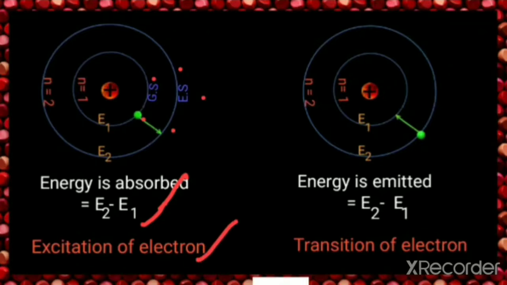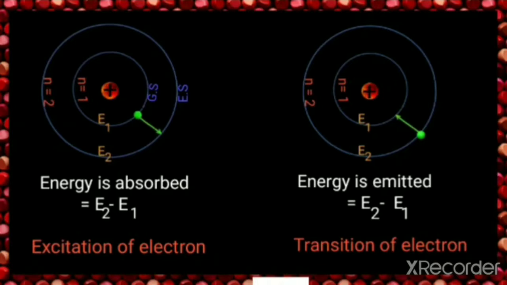The jumping of an electron from the lower energy state to the higher energy state is called excitation of the electron, and it takes place by absorbing a certain amount of energy which can be calculated by the formula E2 minus E1.